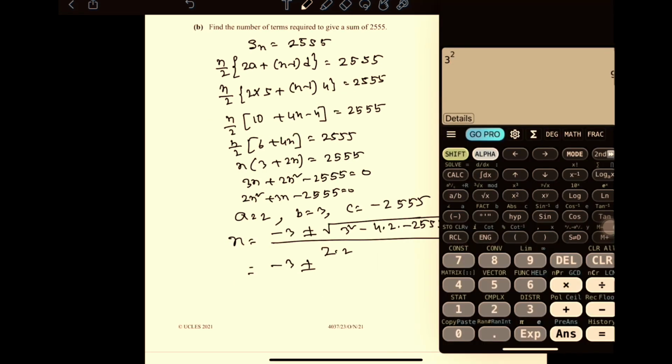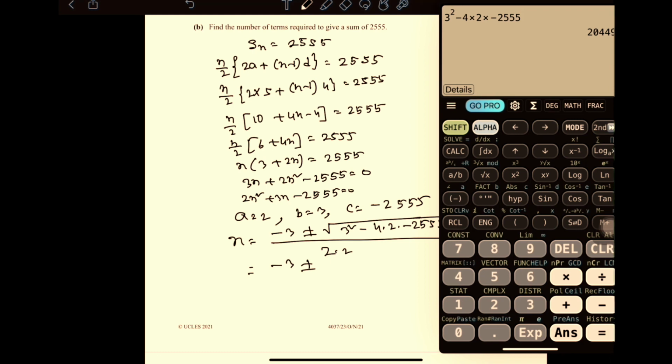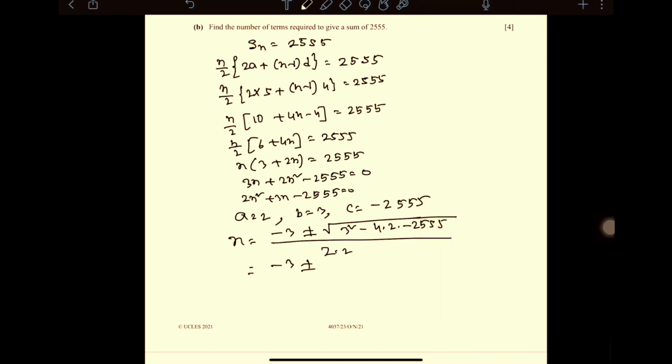3 square minus 4 into 2 into minus 2 5 5 5, and then root over 143 into 4.